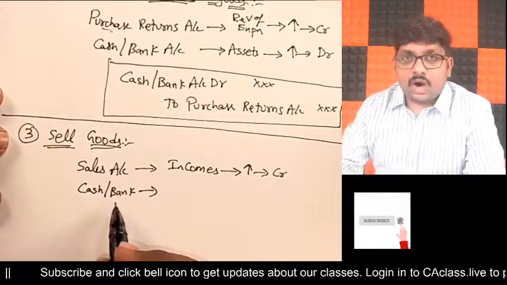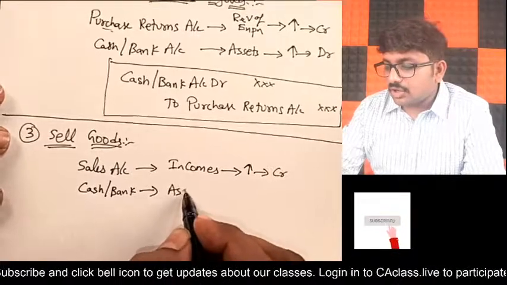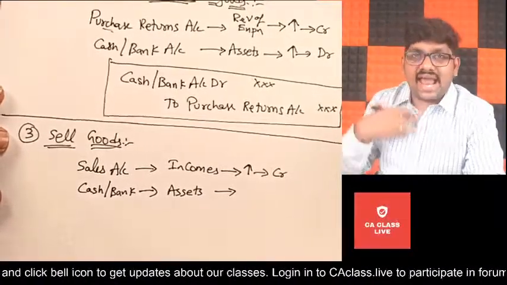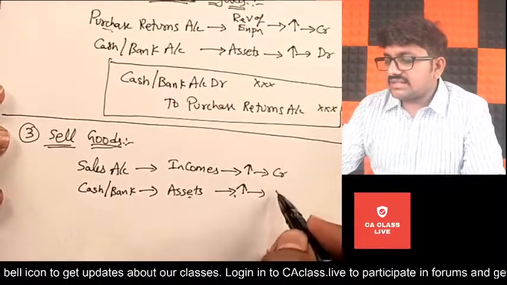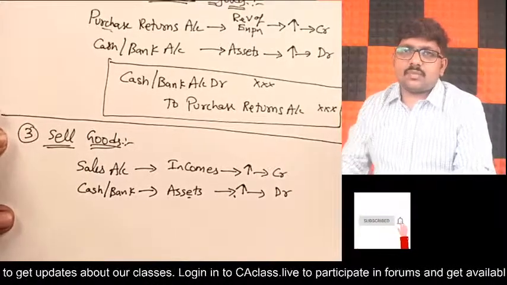Similarly, cash or bank is going on. Cash or bank is a part of assets. Whenever you sell the goods, you will take cash, and your cash balance will increase. When assets increase, what should you be doing? Debit, as we have already discussed in our modern approach of accounting.